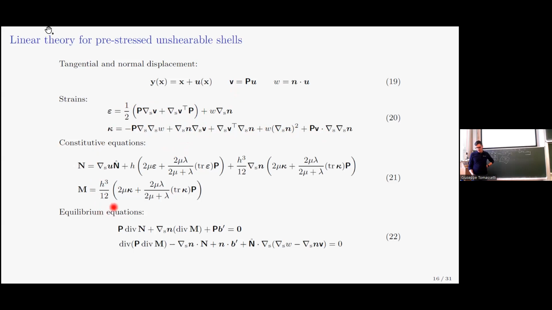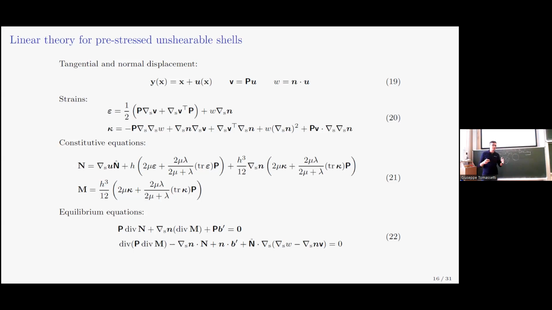And these are the constitutive equations that are obtained from the linearization of the nonlinear constitutive equation. But I have to make a specification here. Now I'm specializing the situation to the case where I have a spherical shell, and I am assuming that the linearization of the balance equation is done in a pre-stressed configuration.